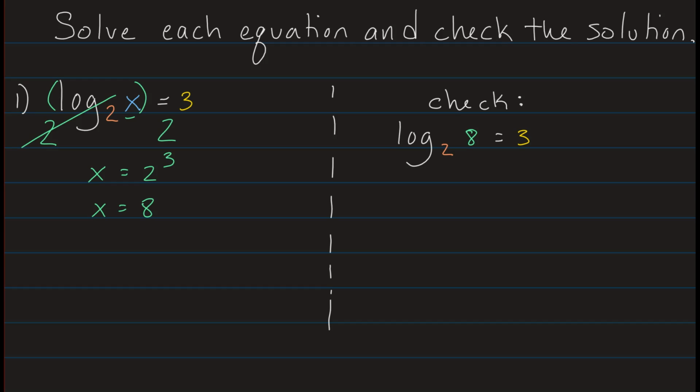So this left-hand side is 3. Log base 2 of 8 is 3. And that does equal our right-hand side, which was also a 3. So this checks out. This original solution is valid. It is our answer. X equals 8.